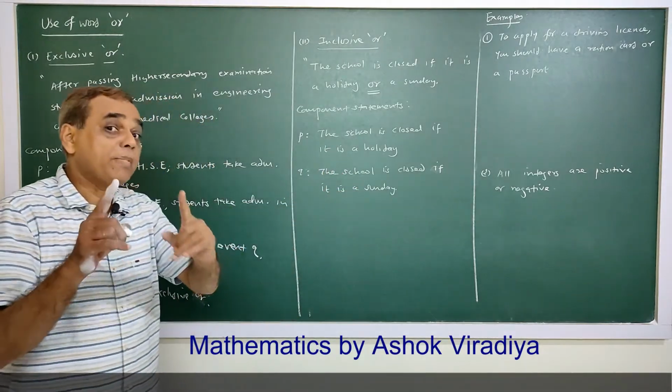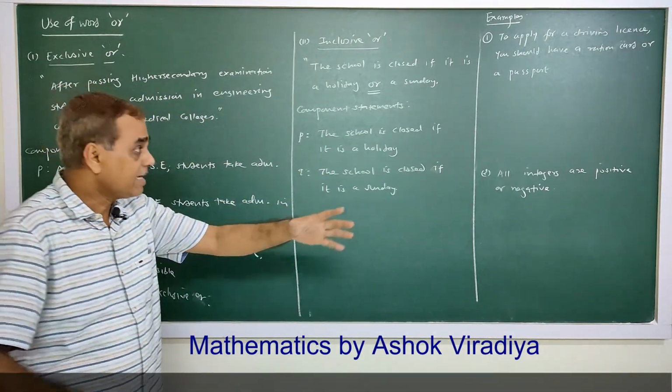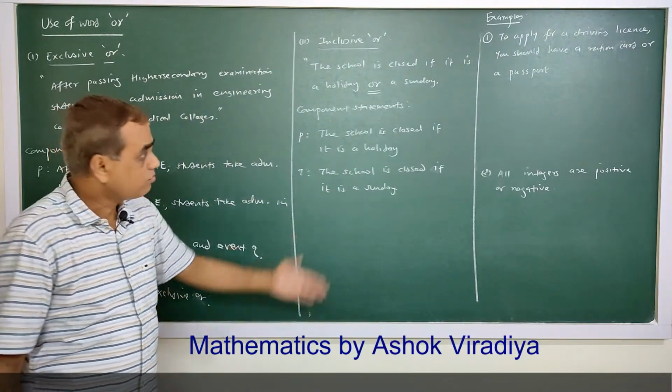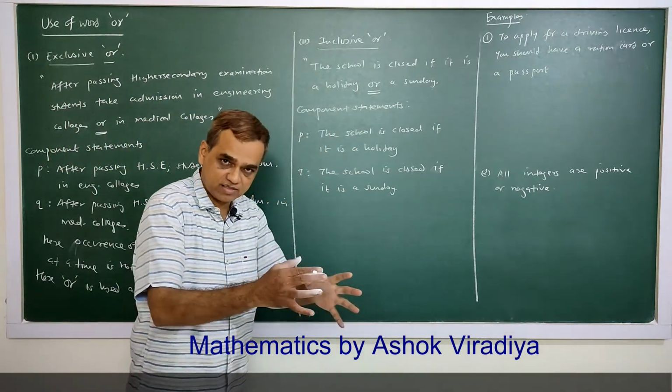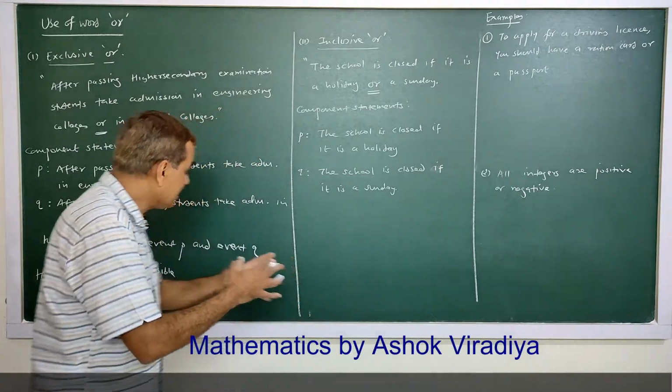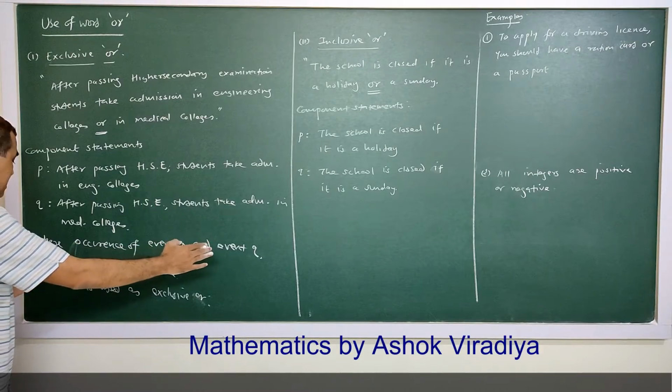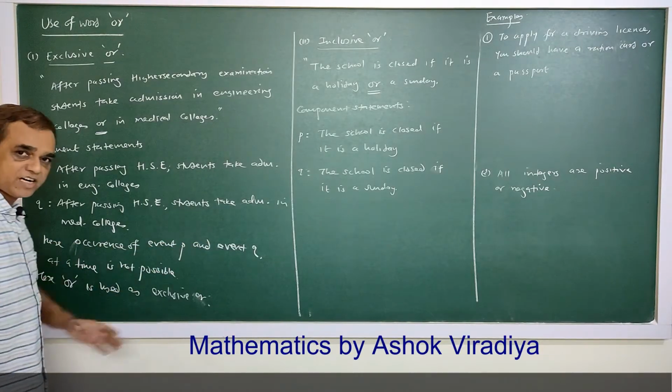Now say, many times it happens that a holiday is on Sunday. So both events can occur together. In the previous example, occurrence of both events was not possible, but here it is possible.